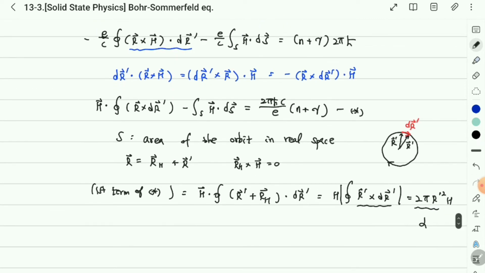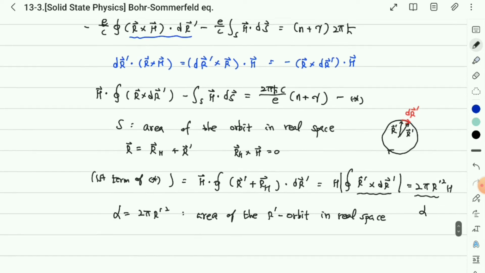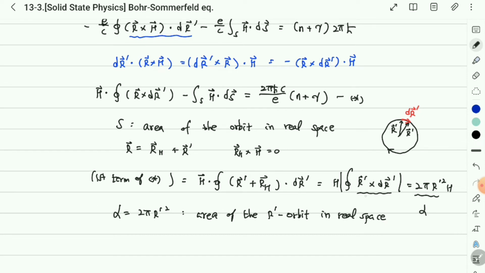Alpha is the area in real space, the area of the r prime orbit in real space. And r prime is the radius of the cyclotron orbit, and this r prime cross dr prime is r prime multiplied by 2 pi r prime, and the line integration is like this.